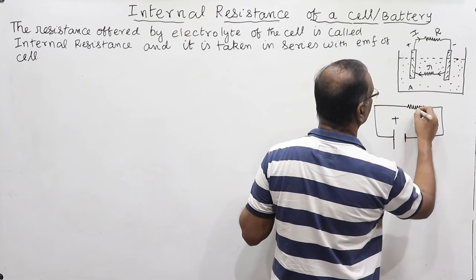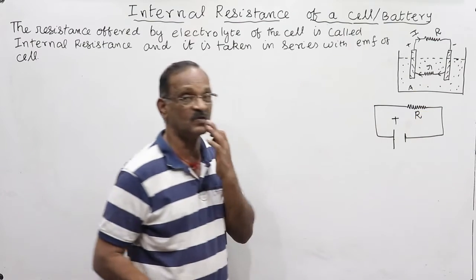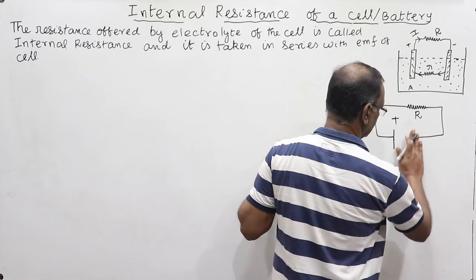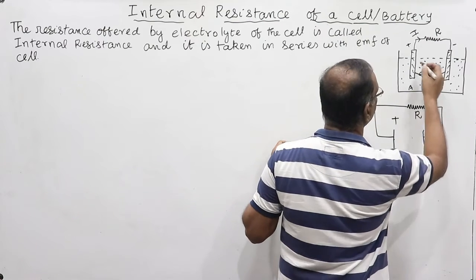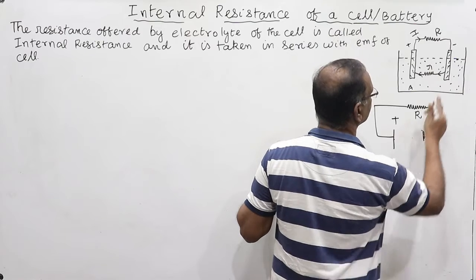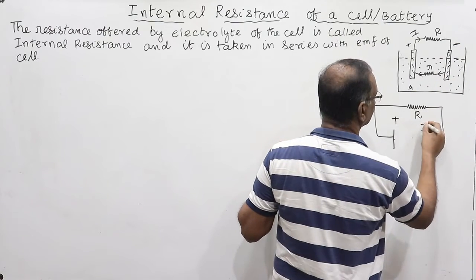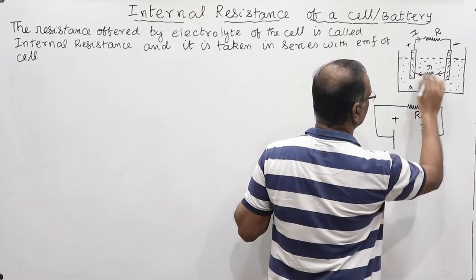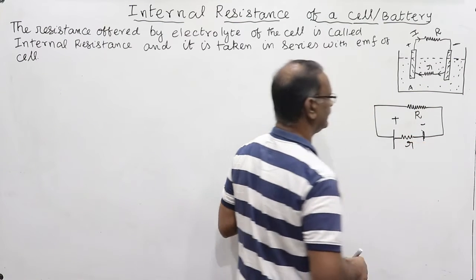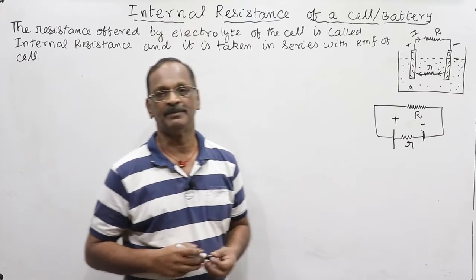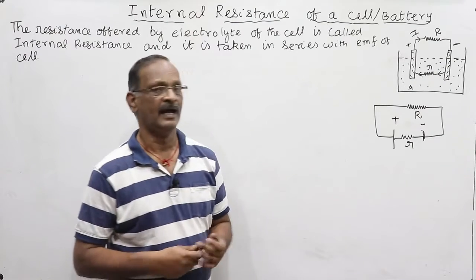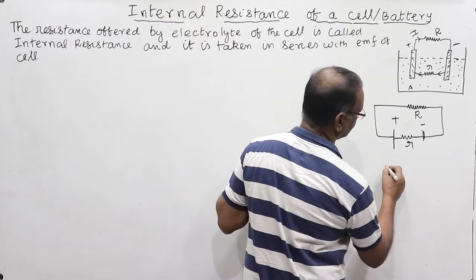Between the negative and positive sides, through the electrolyte, there is an internal resistance connected. It can also be represented this way.